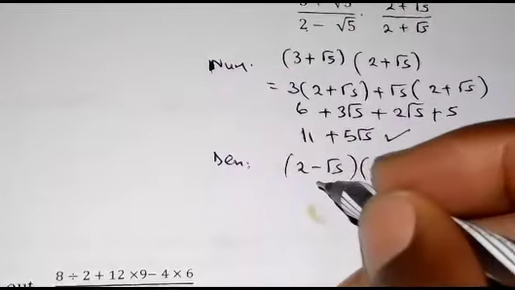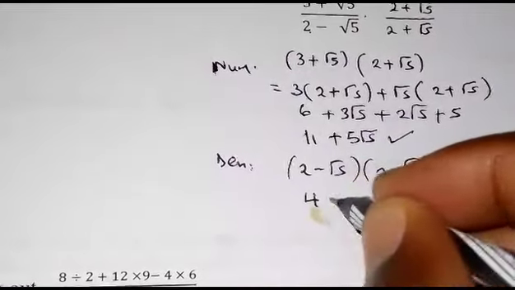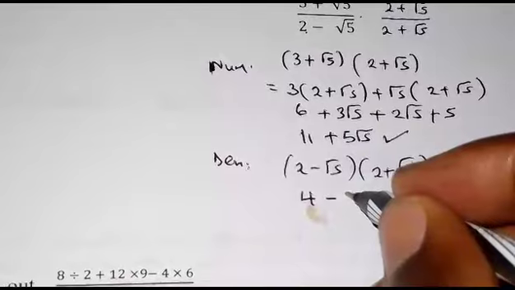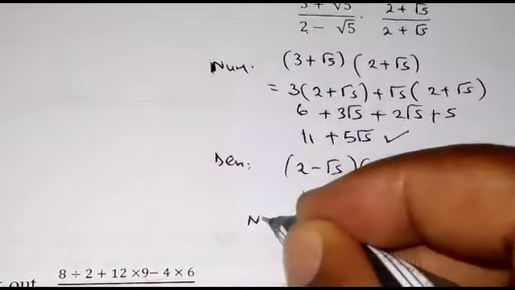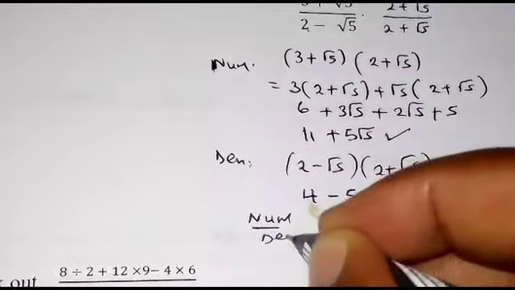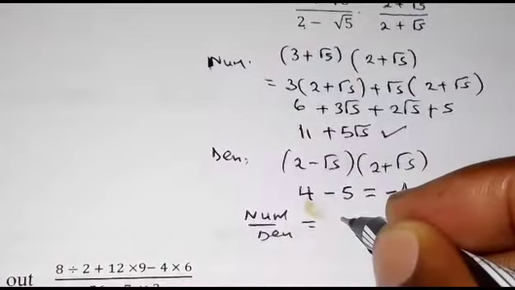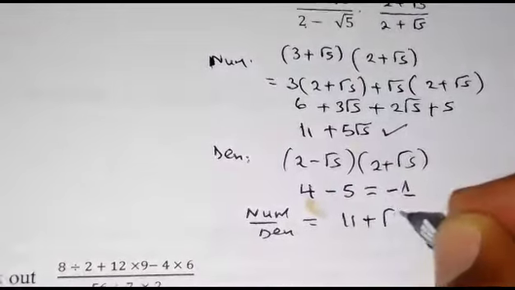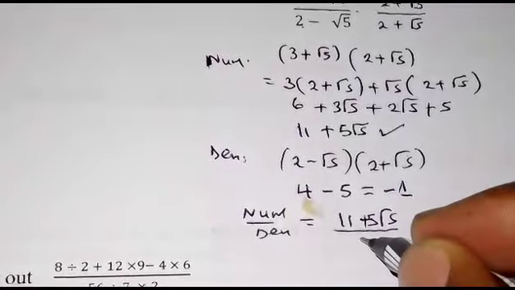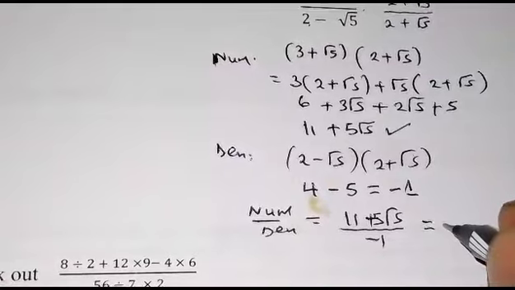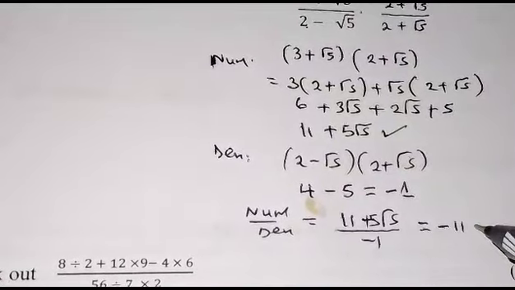So we have 2 times 2, that's 4, minus root 5 squared, that is 5. That gives us -1. So numerator over denominator, that gives me 11 plus root 5 times 5 over -1, and the whole thing now is -11 minus 5 root 5.